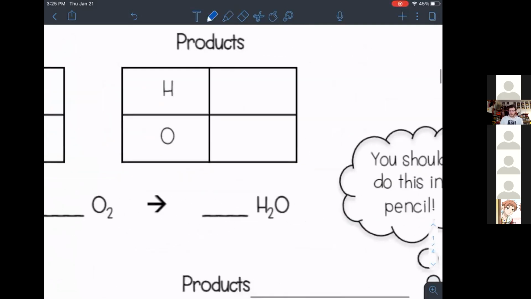We have to do the same thing with our product side. So now our products, how many hydrogens do we have? 2. And how many oxygens do we have? 1. We just have the 1.